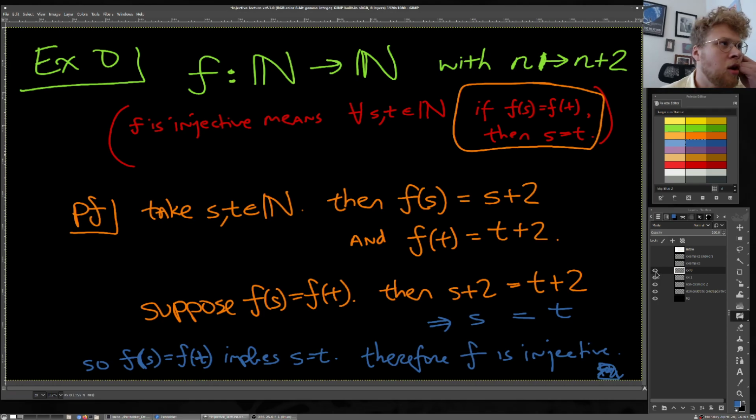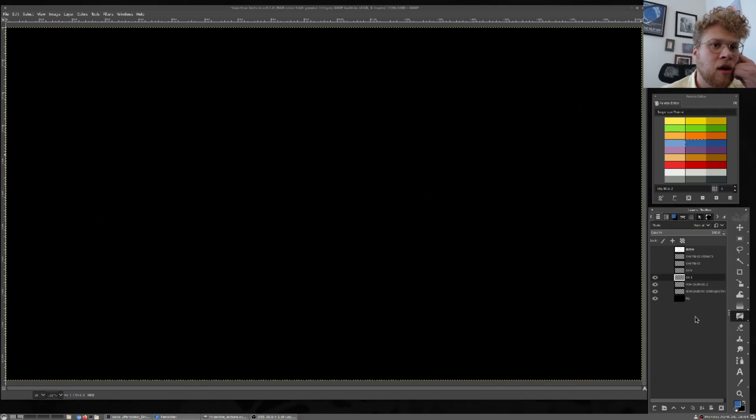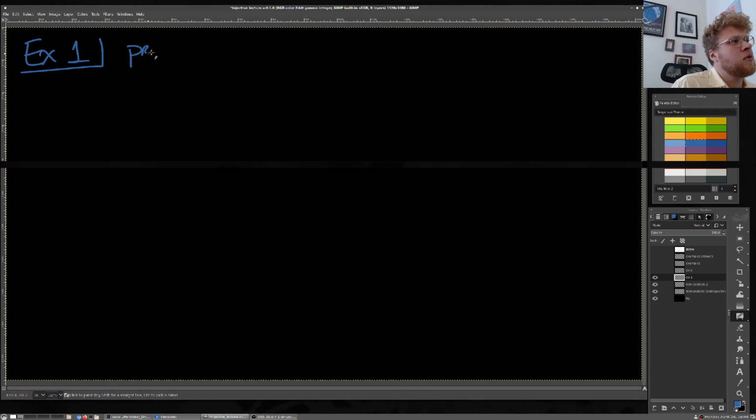So, moving right along, I want to look at a more complicated function now. We'll call it f again, whatever. And this one will be a little bit more involved, but that's okay. So here's our job.